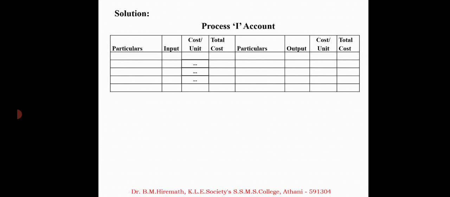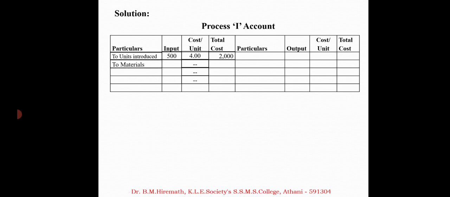Let us start with the input of 500 units in process 1 account. Units introduced, number of units are 500 and total cost is rupees 2000 and rate per unit is rupees 4 per unit.